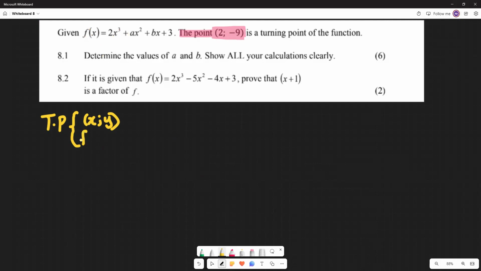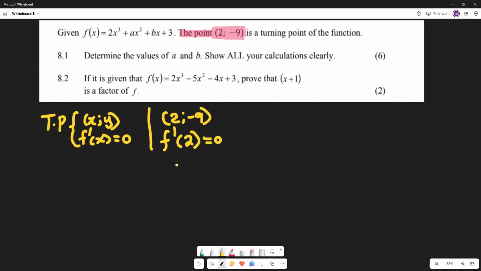Then you know that the derivative at the turning point is equal to 0. So in our case, we have the turning point being (2, -9). So the x goes there, the y there. And then we have the derivative, the x value is 2. So the first derivative at 2 will be 0.